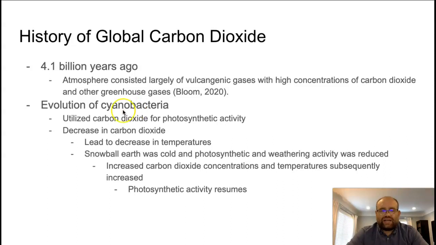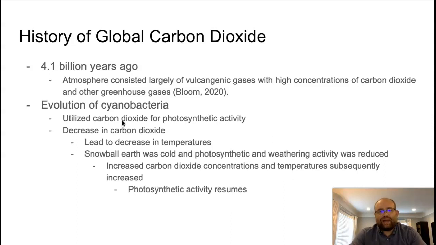So they utilize this carbon dioxide in the atmosphere for photosynthetic activity. So carbon dioxide is one of the reactants required for photosynthesis to occur. It's carbon dioxide combining with water to produce a carbohydrate, sometimes in the form of glucose, and oxygen gas.